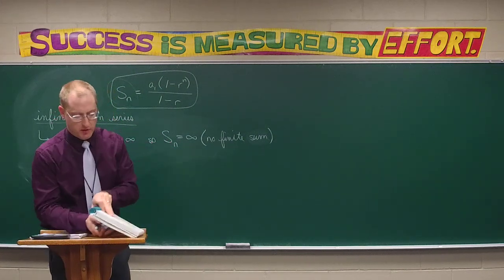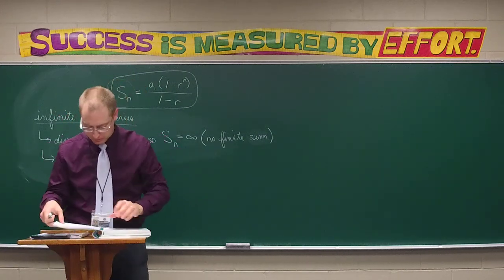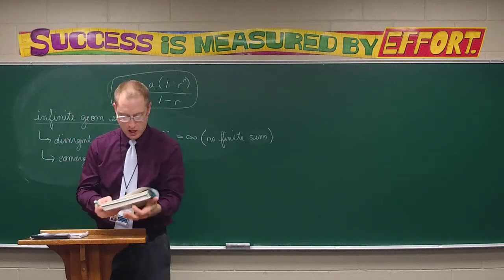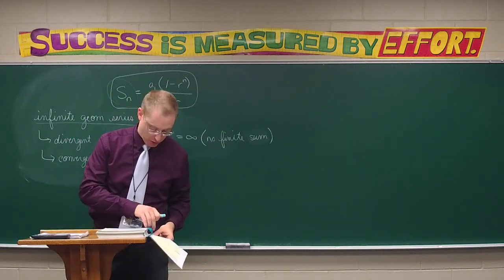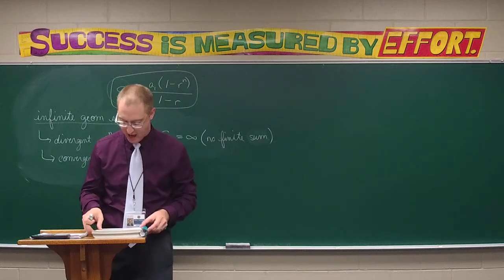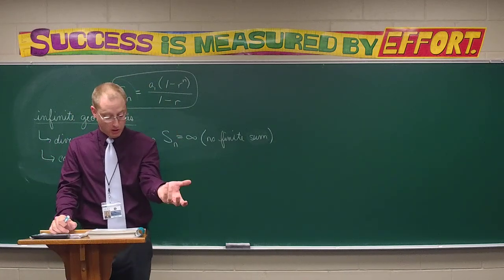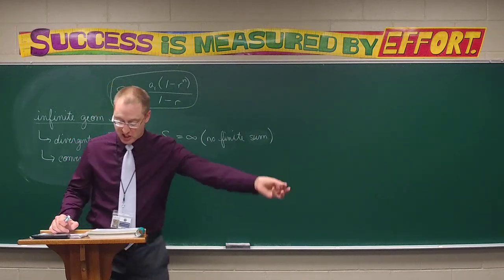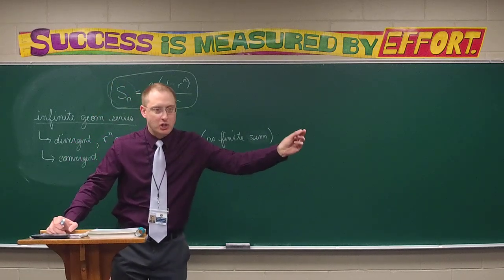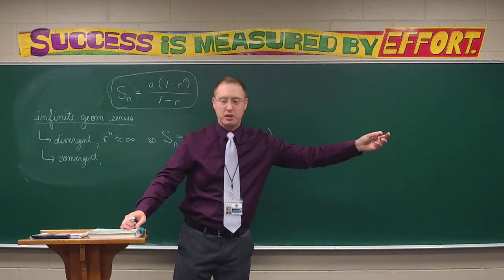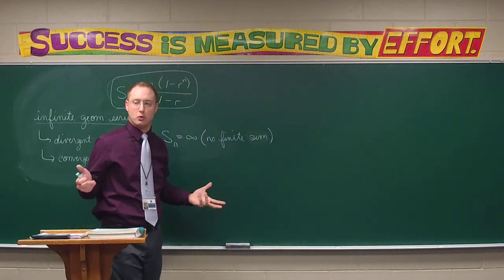Look back at page 477. There's a bit of an illustration here. They start with a full value and go with a common ratio of a half. Suppose you started with 1, then you added half more, and then another quarter more, and then an eighth more, and then a 16th, and then a 32nd. Eventually you're adding such tiny pieces, but it's all going to add up to the 2.